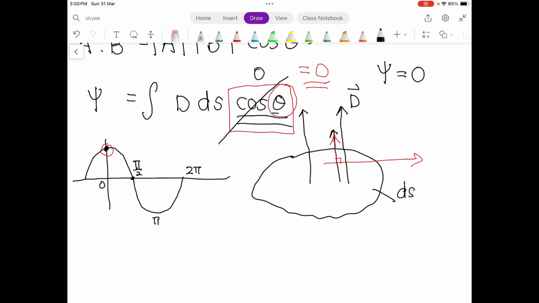So if you want to have flux coming out from the surface, the angle between the D and the dS must be 0.